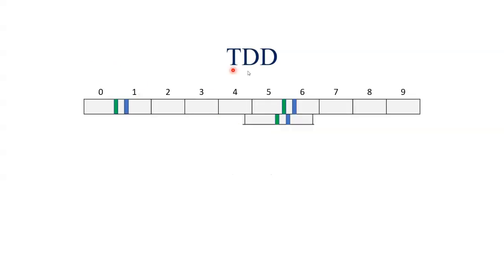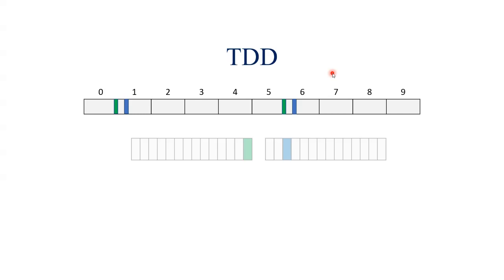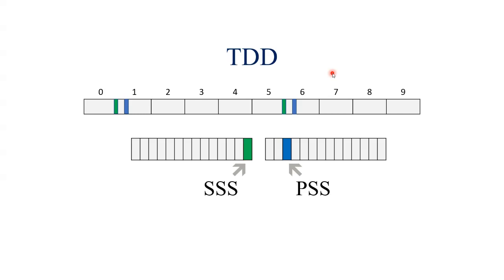This is a 10 millisecond frame of a TDD-LTE cell. PSS is transmitted in the third symbol of the first and sixth subframes, and SSS is in the last symbol of the 0th and 5th subframes.